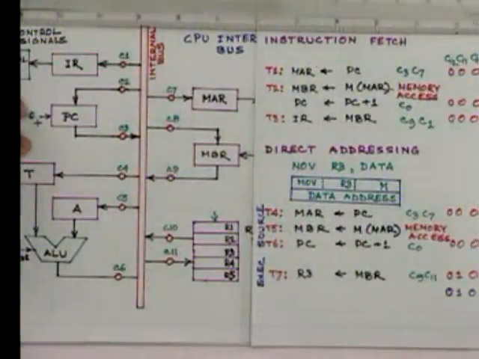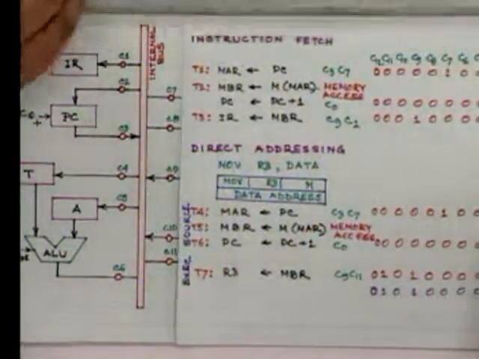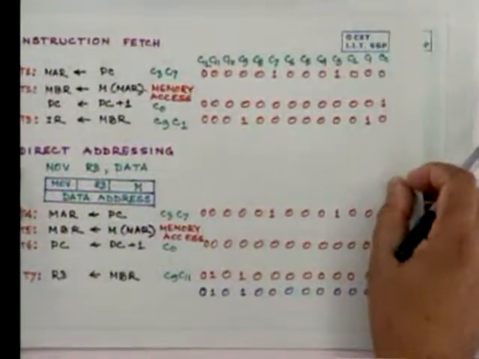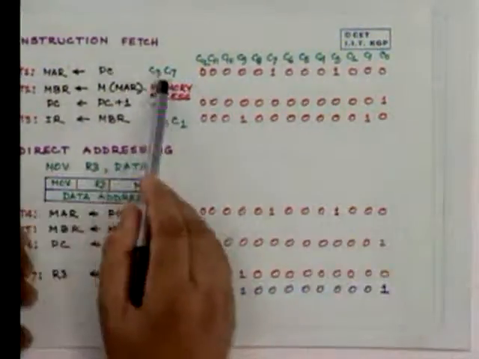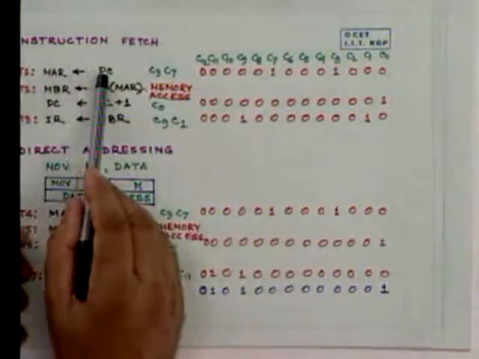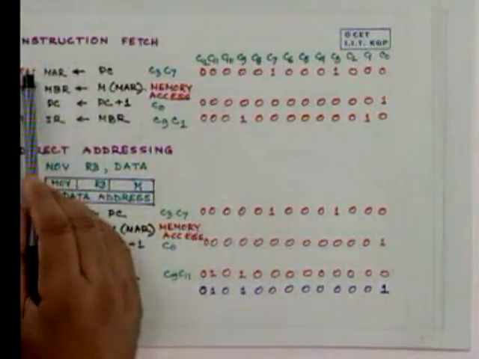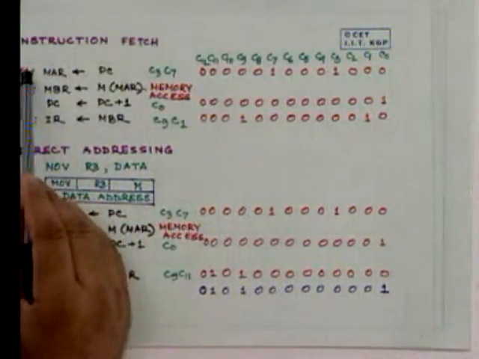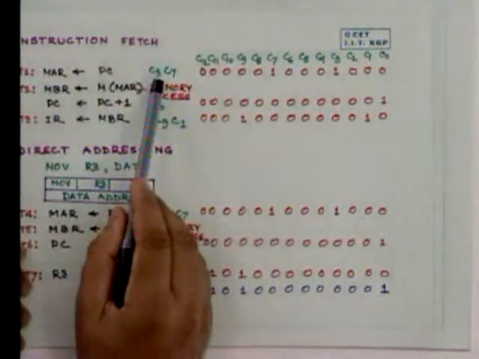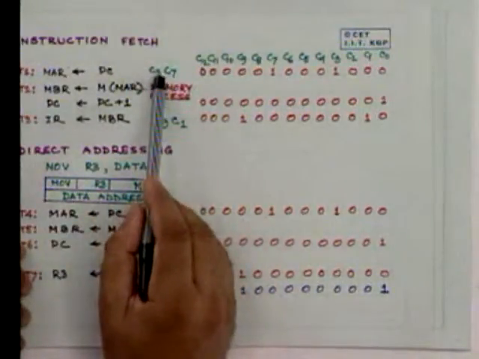Now, let's see one thing. When we say that this is the microcode for the T1 timing state, C3 and C7 should be open.